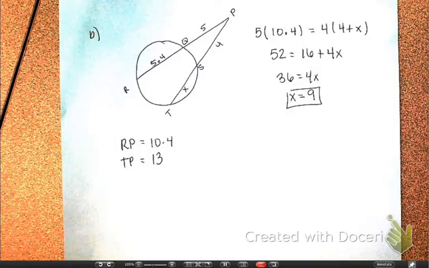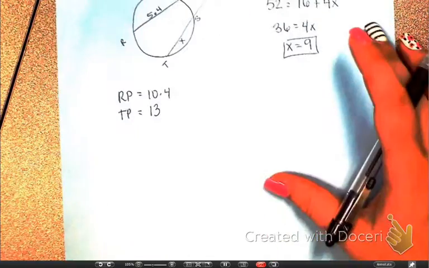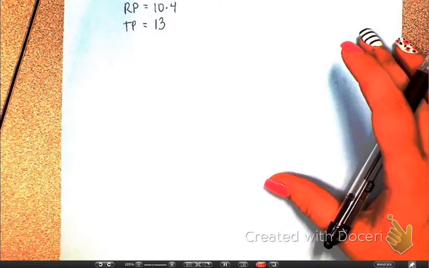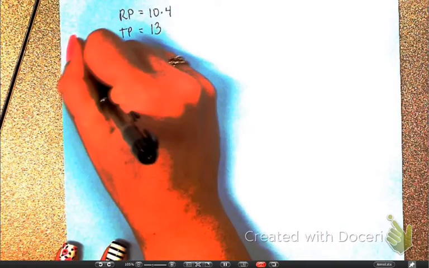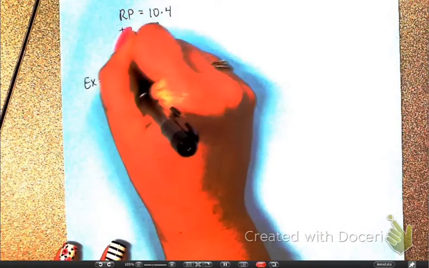Not too bad? No? Okay. We have 2 more examples and then we're done. So we're going to solve for x.